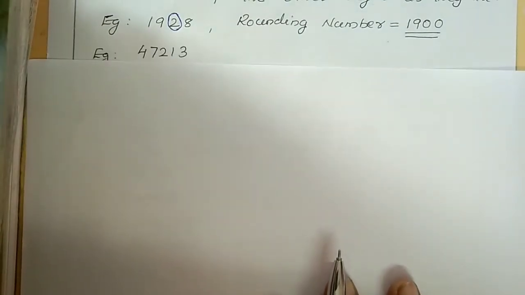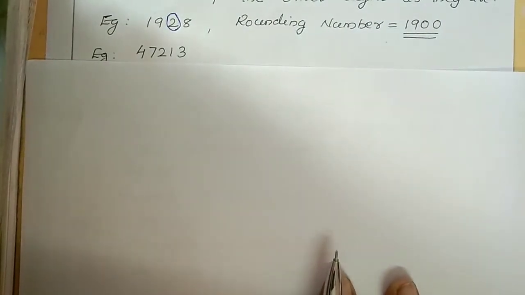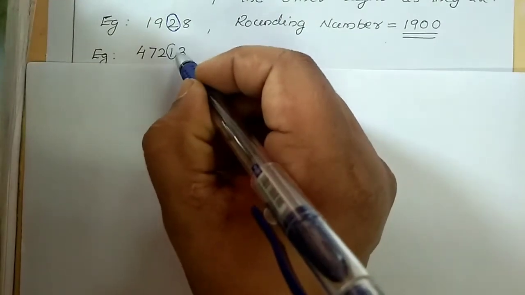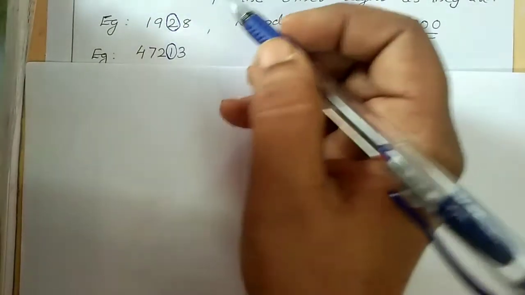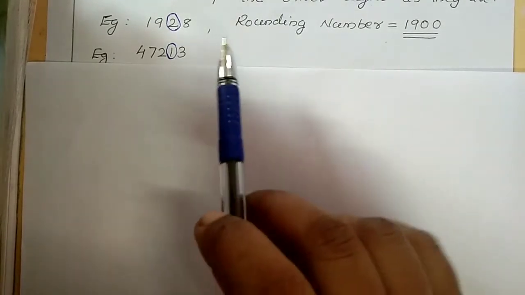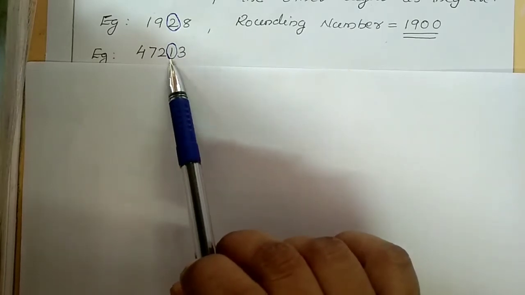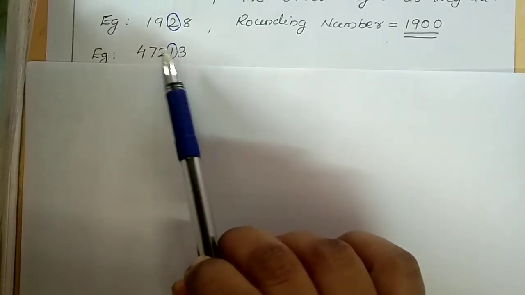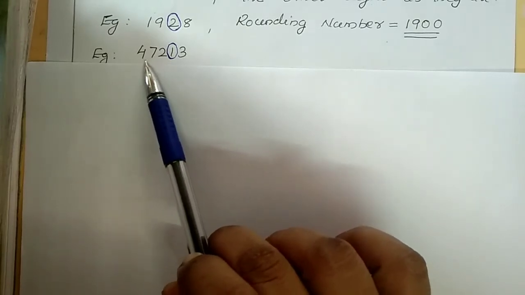Another example, 47,213. Here our tens digit is 1, which is also less than 5. So replace the tens and ones digit by 0 and keep the other digits as they are.